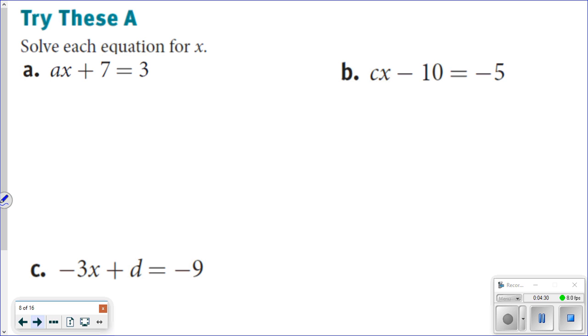All right, let's take a look at question A. We are solving all of these equations for x, so they make it a little bit easy on us. We don't have to guess what we're solving for. We want this ax to be alone first. In order to do that, we must subtract 7, because this is plus 7, so that's the opposite.